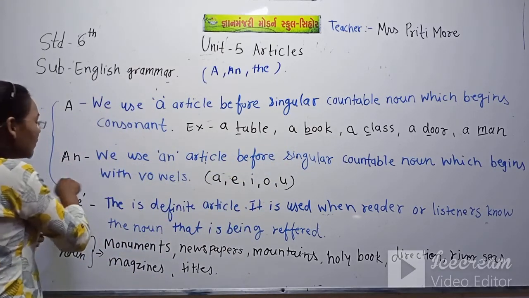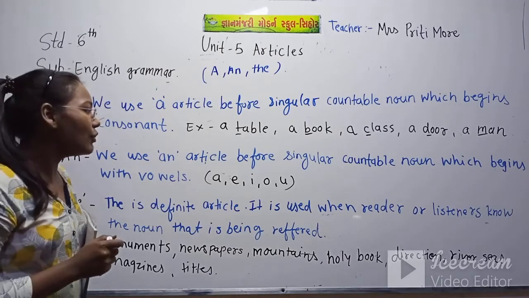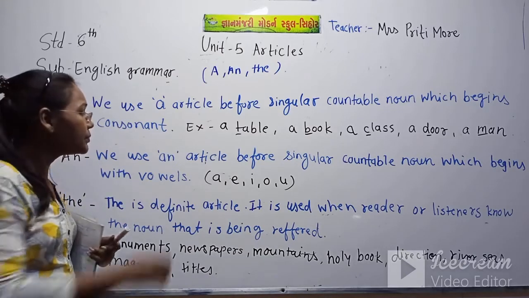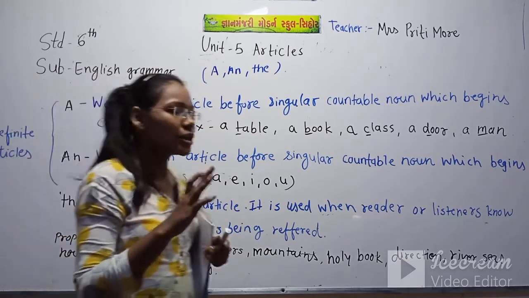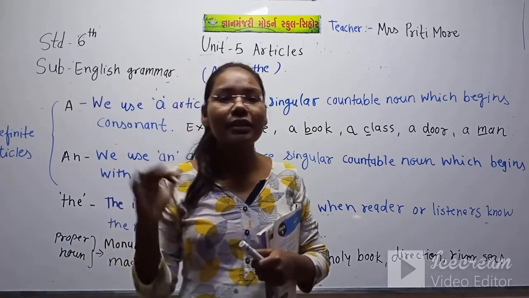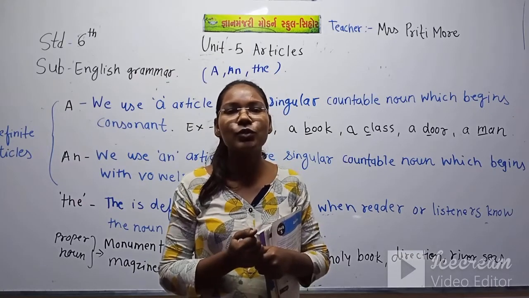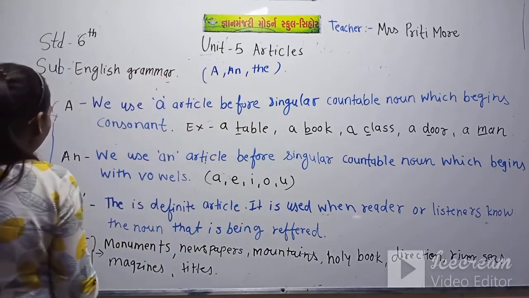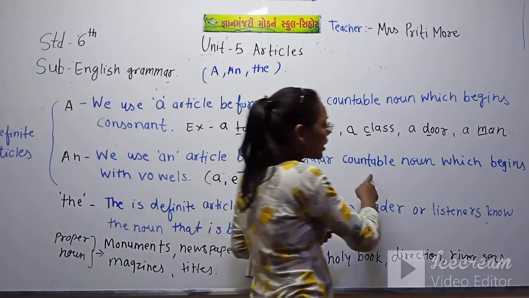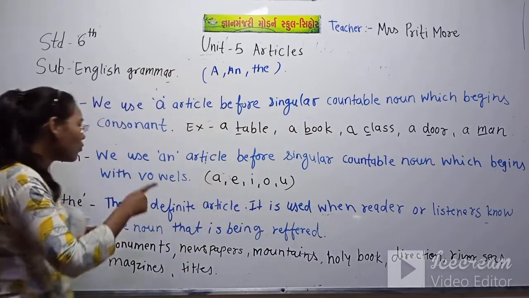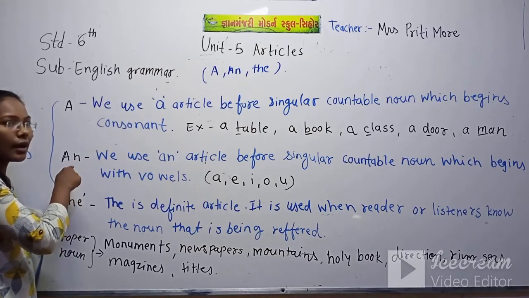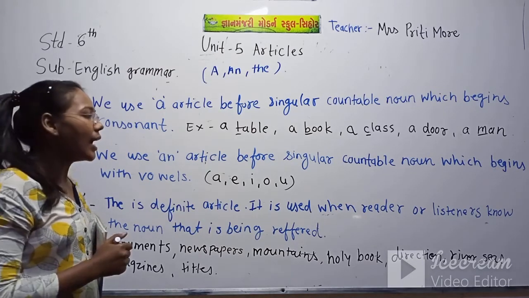Now let's see when to use an article. It is a little bit the same, but the difference is there, consonant and vowel. Only one main difference is there. When the word begins with a consonant, that time we use a article, and when the singular countable noun begins with a vowel, that time we use an article.